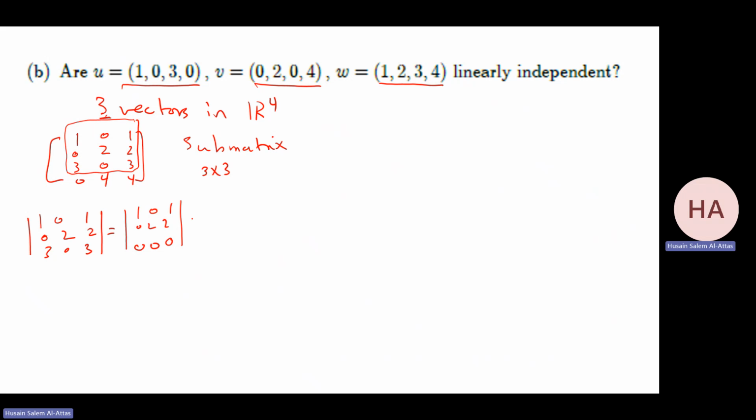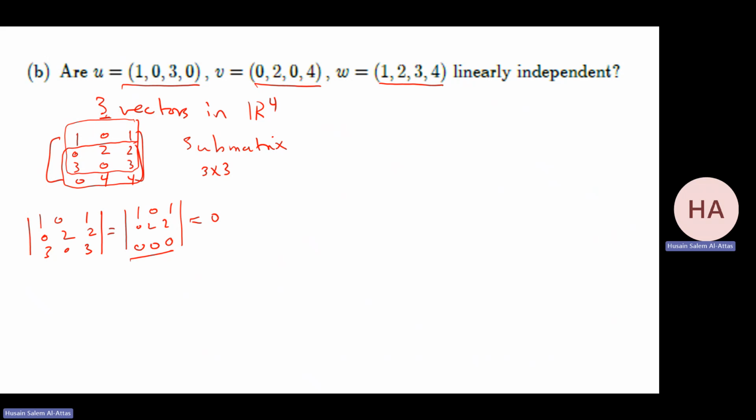So the determinant is equal to 0. Since all of these are 0, we cannot conclude anything. You need to check another submatrix. Take this, and maybe I need to take the first with the third and the fourth. So you need to check all of these possibilities.